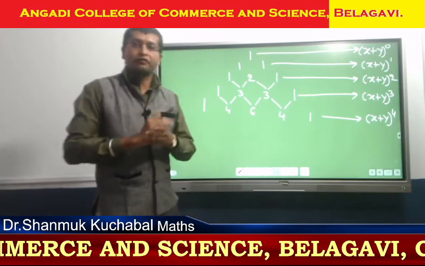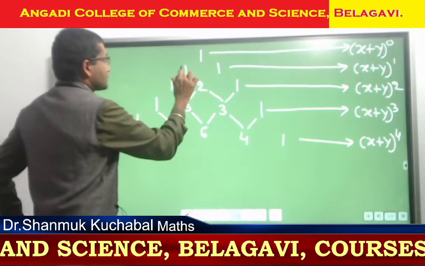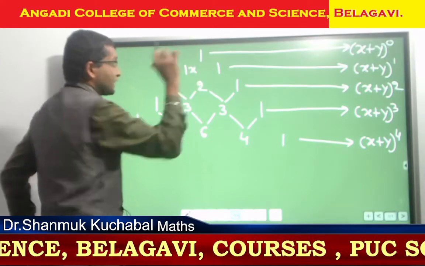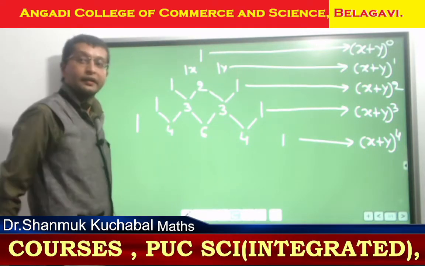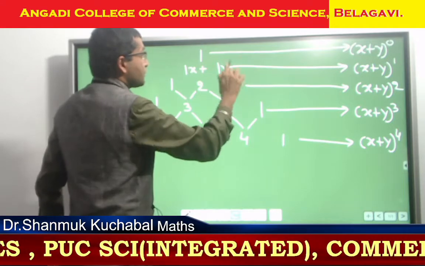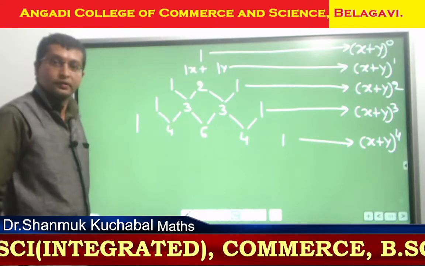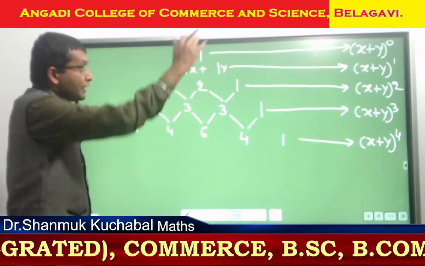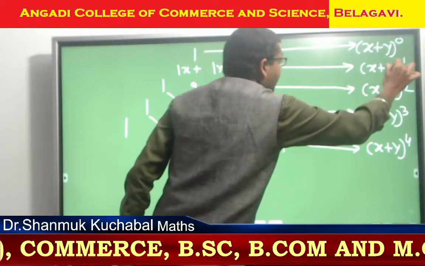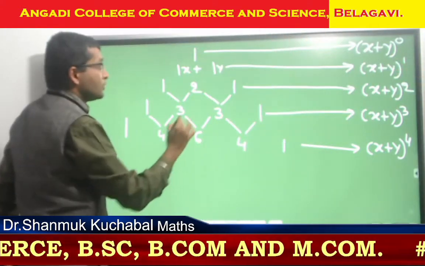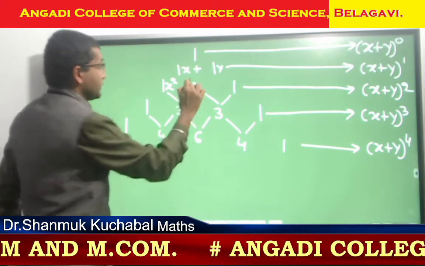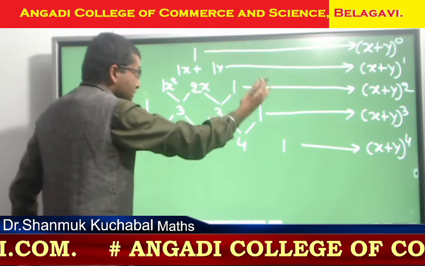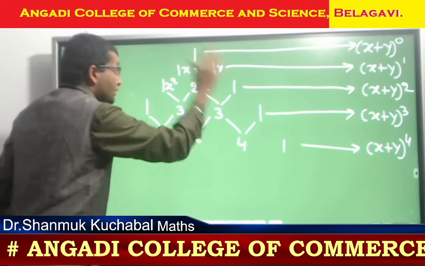Then how to write a formula? Very simple. One coefficient I am taking as x, the other coefficient is y. So this is (x plus y) raised to 1. Next is (x plus y) square. The highest power of x is 2, so I write x square, decrease the power, x, then x raised to 0, which is 1.